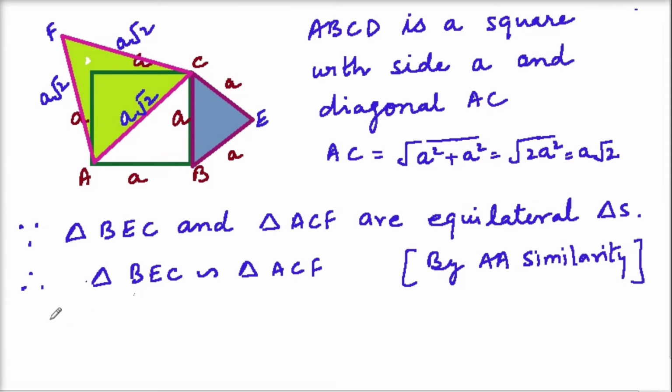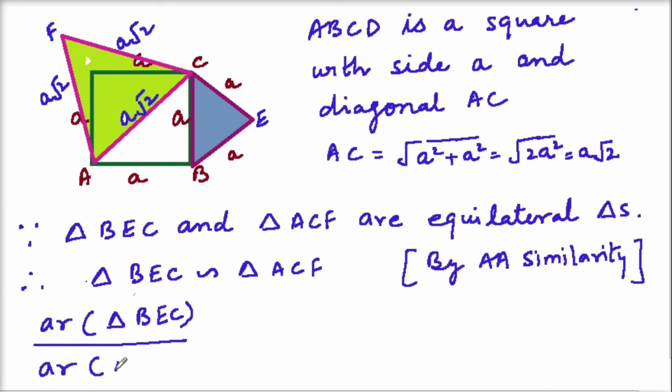And we know that if two triangles are similar, here triangle BEC is similar to triangle ACF, then the ratio of the areas of triangle BEC and triangle ACF is equal to the ratio of the squares of the corresponding sides.